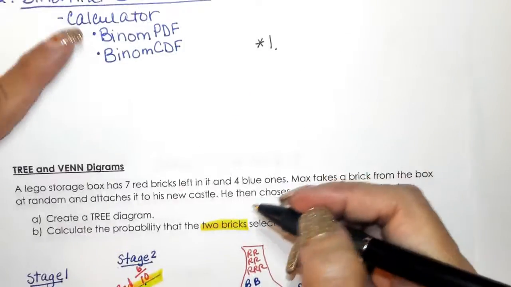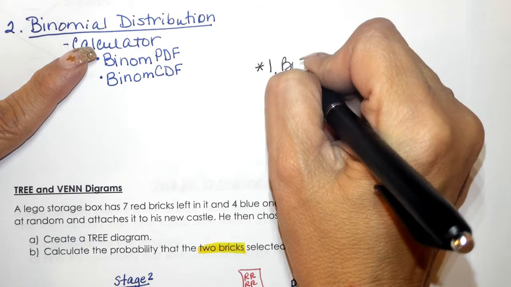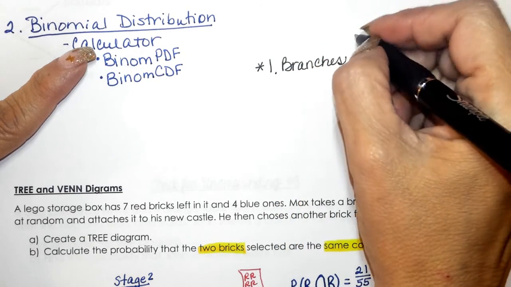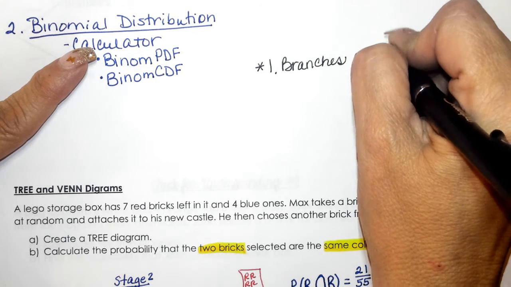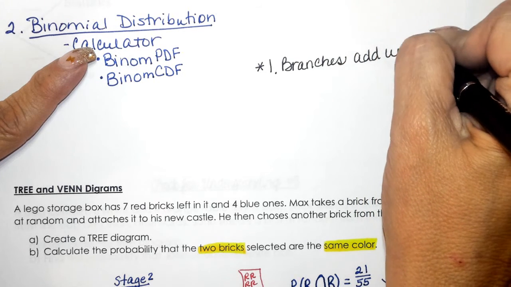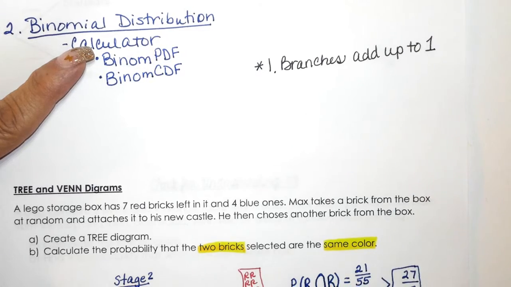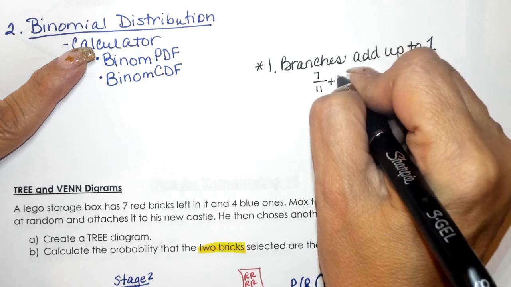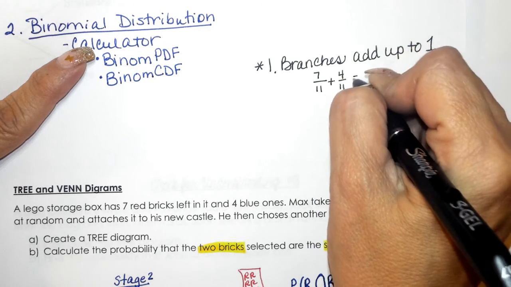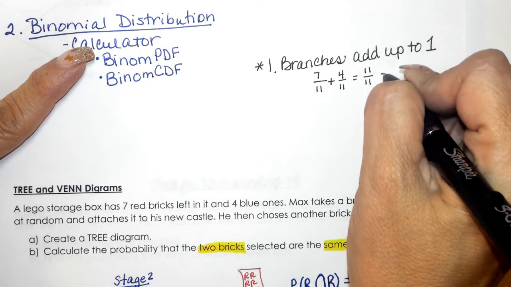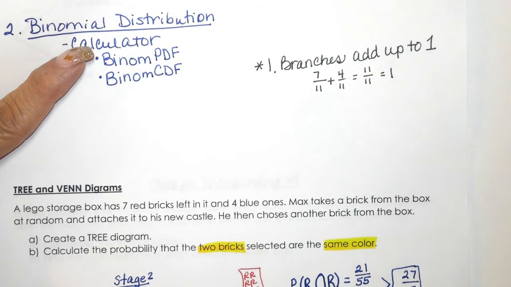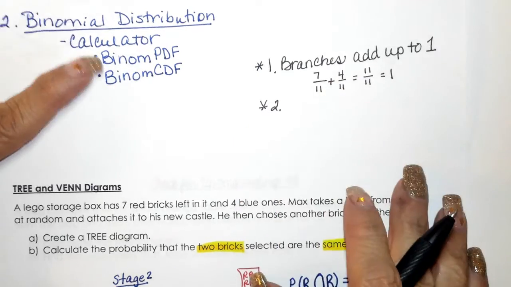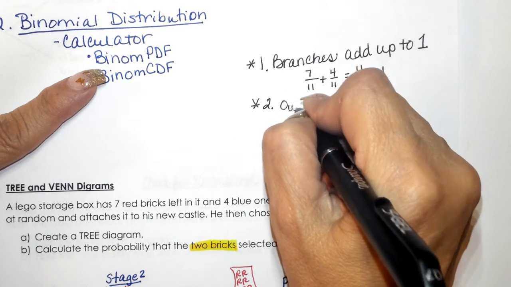So, the branches of the tree add up to 1. Right? So, as an example, 7 over 11 plus 4 over 11 equals 11 over 11, which is 1. Okay? The second thing I want to say is that the outcomes.